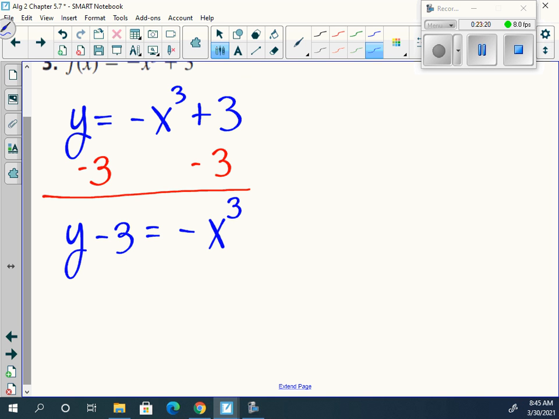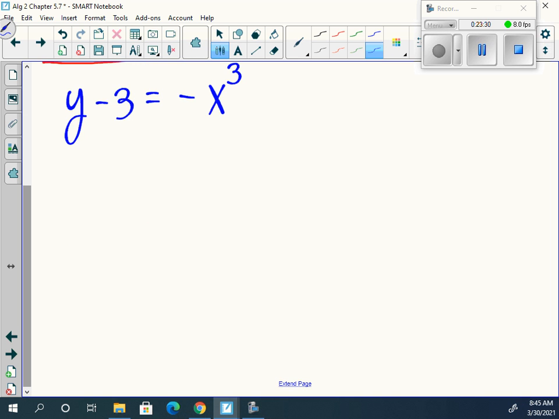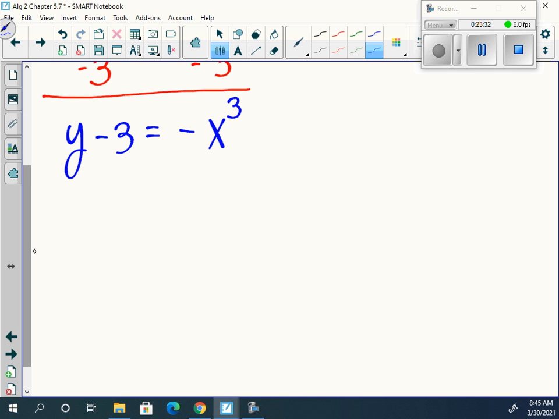Okay, so we started moving everything over, and we've got most everything on the one side. Yeah, we can divide it by -1. We can also multiply it by -1. Either one works, because dividing or multiplying by -1 doesn't change anything, just the -1 makes the x cubed positive.